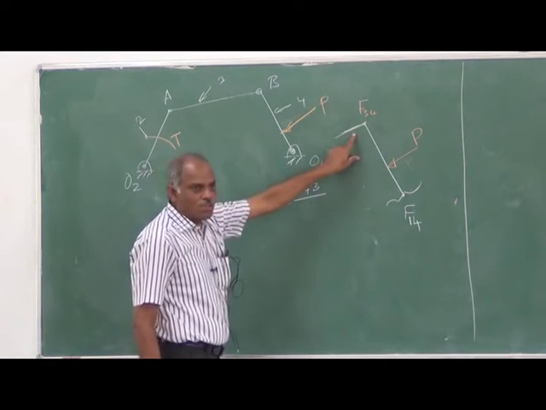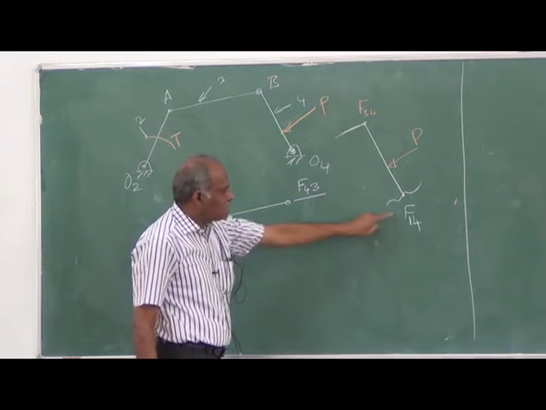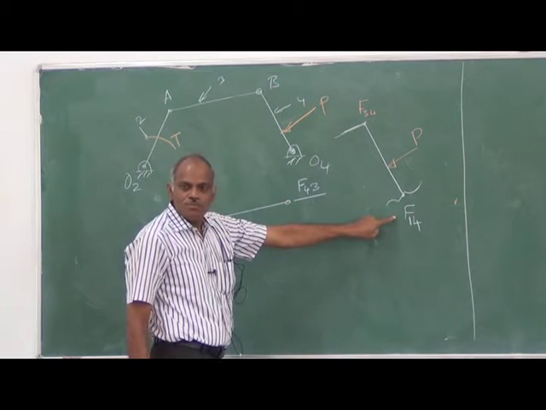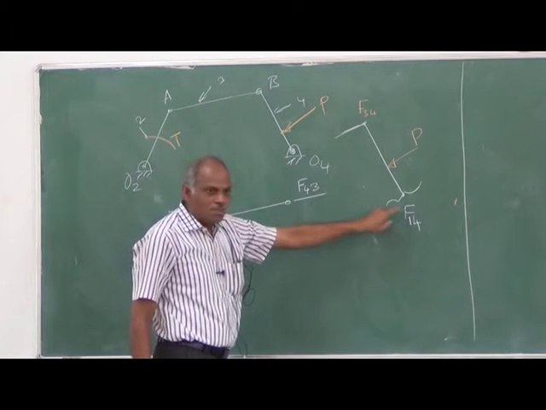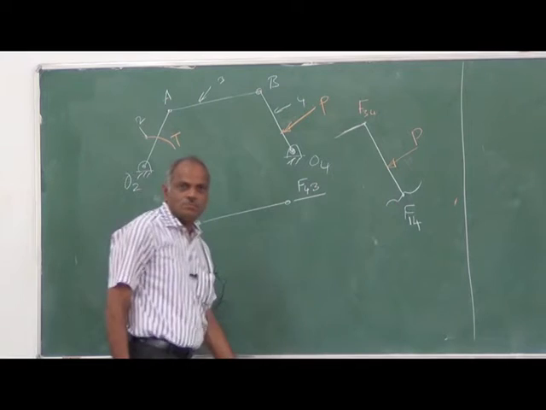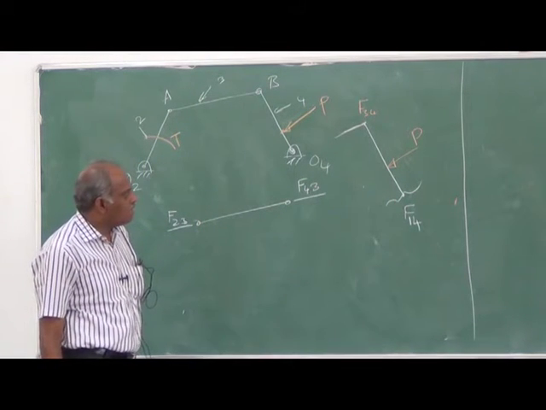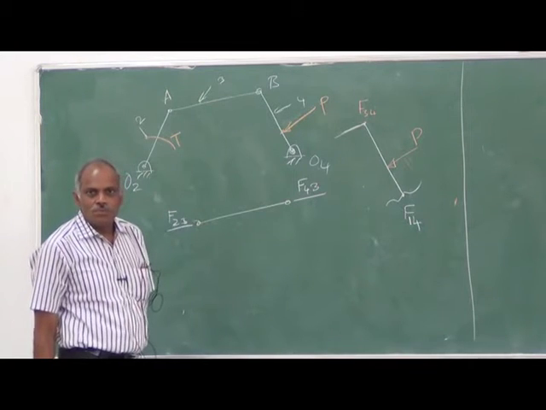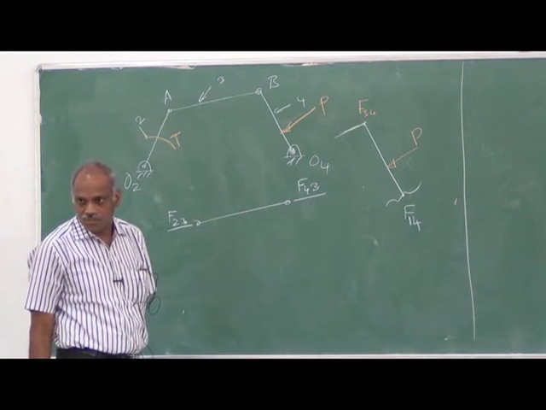The direction of F34 is known, but the magnitude is not known, so there is one unknown. For F14, we don't know both the magnitude and direction. Both are not known.